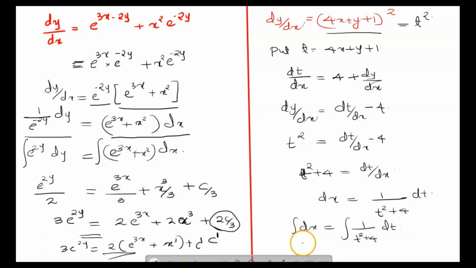Now integral dx is x, and this is integral 1 by t square plus 4, which is integral 1 by t square plus 2 square. We have the formula: integral 1 by a square plus x square dx is 1 by a tan inverse x by a plus c, constant.